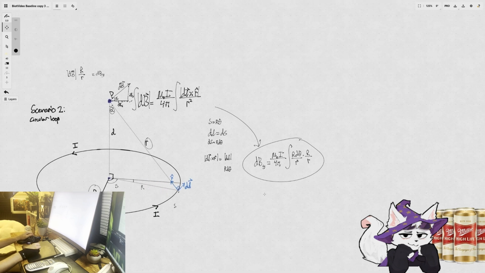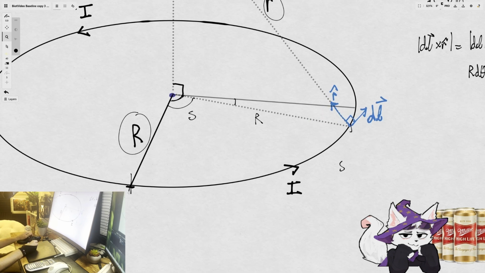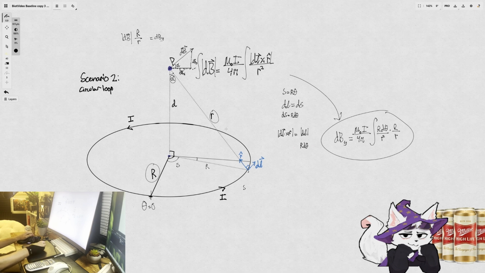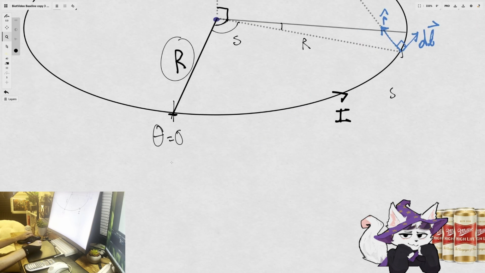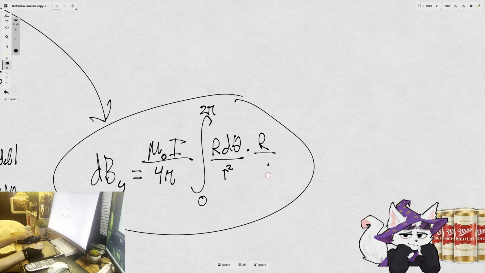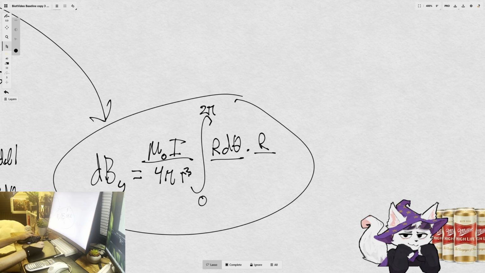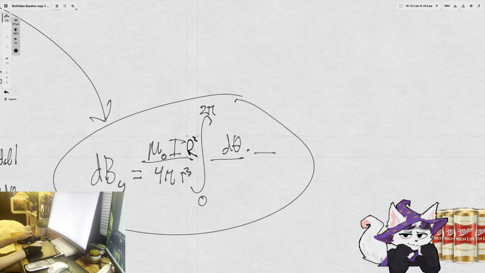Now remember, we need to set our bounds as well, and this one's pretty simple. We can call this theta equaling 0, and as we travel throughout the entire circle, we can call this our 2 pi as well. So let's plug those numbers in. Our little r is constant, we can pull this out of the integral as well, and as well as our big R's, our radiuses, we can pull those out too.